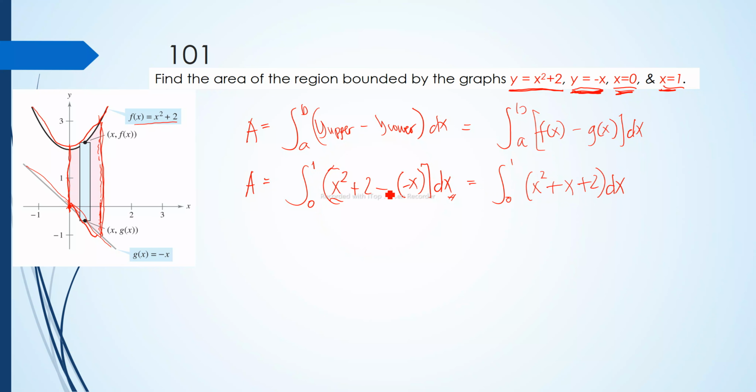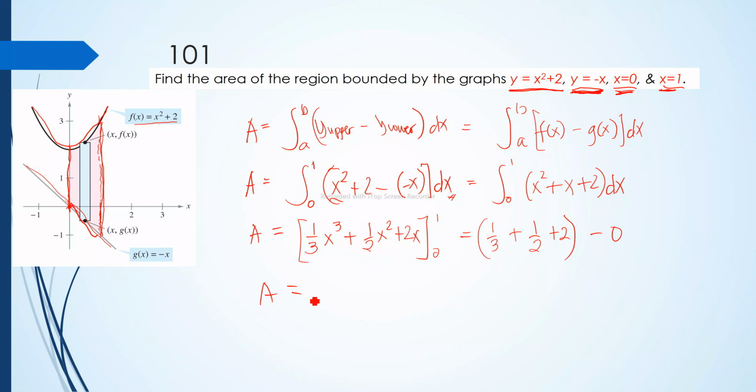It becomes plus x because the negative of a negative is a positive. So the area is just equal to 1/3 x cubed plus 1/2 x squared plus 2x, to be evaluated from 0 to 1. So at x is equal to 1, we have 1/3 plus 1/2 plus 2 minus 0.